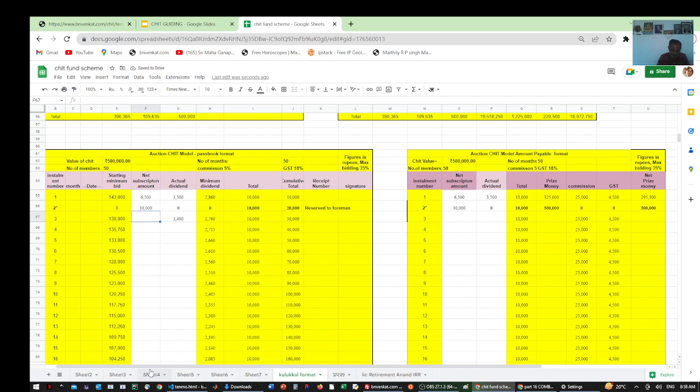And the subscription amount would be 6,600. In the second month, these two columns are repeated here, and prize money worked out. Prize money is here now.